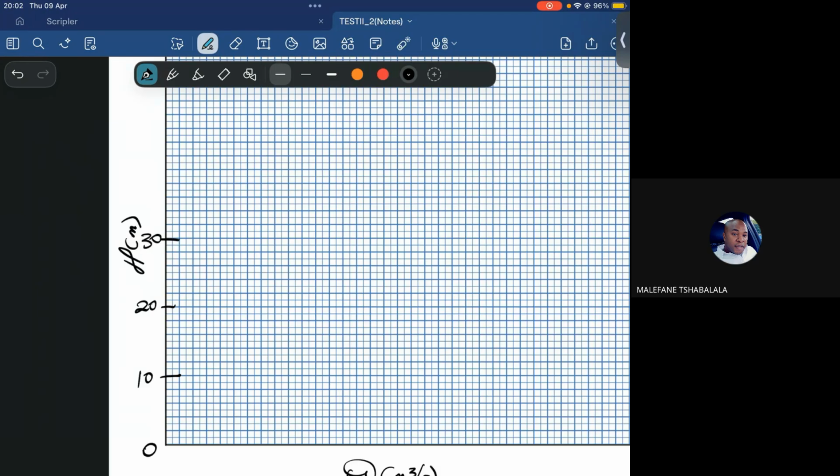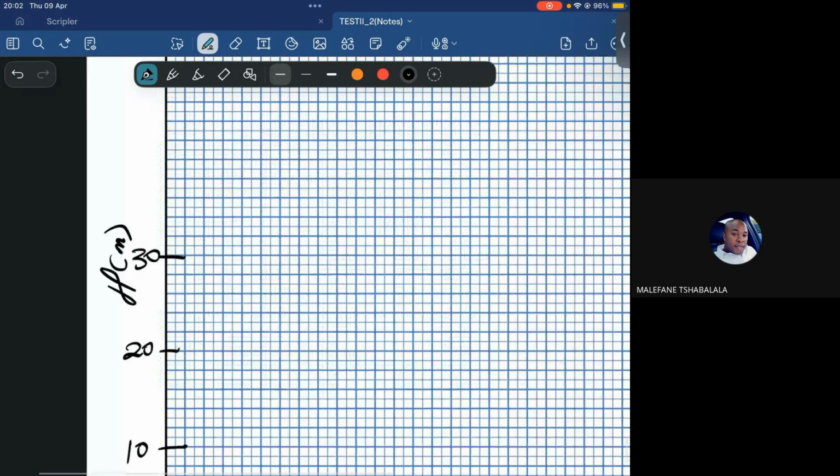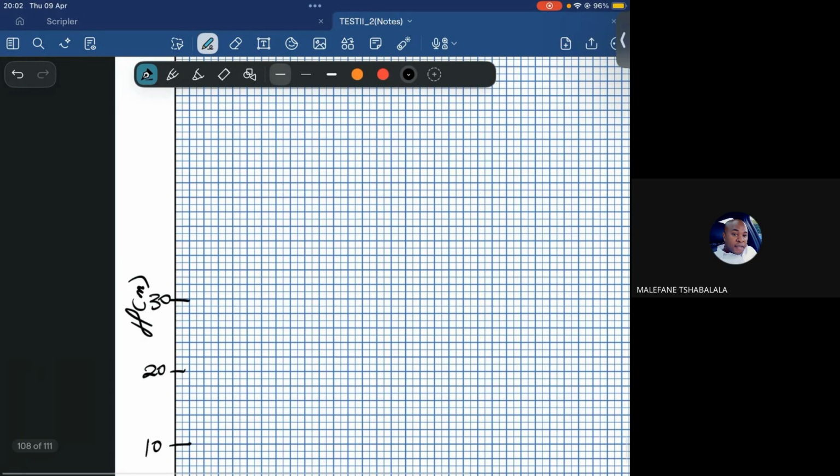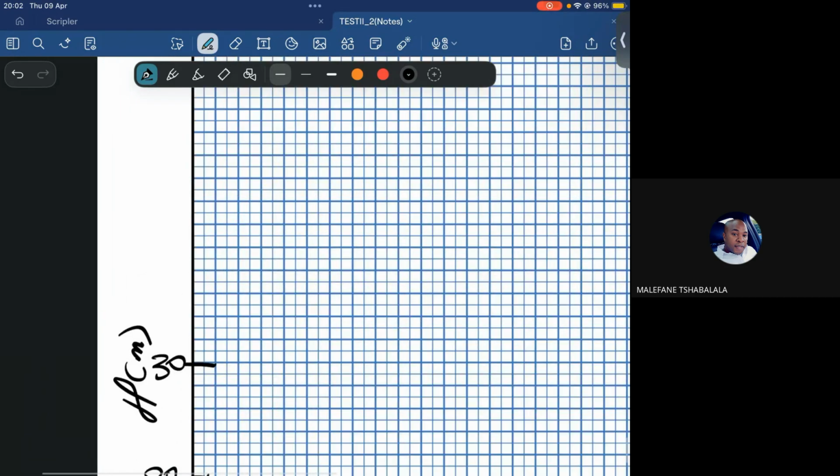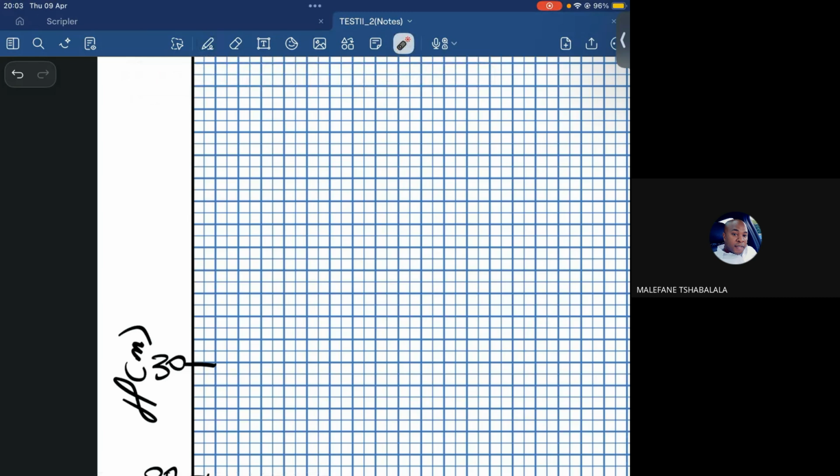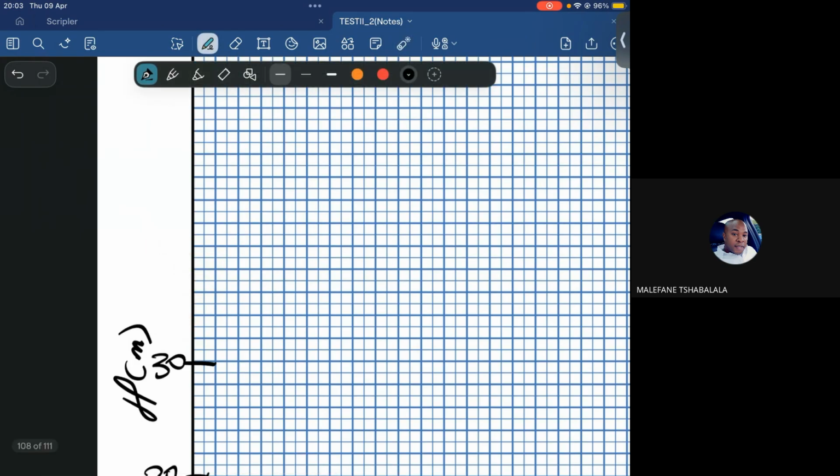Then that will be 30, and after that 40, with 5 minor horizontal grid lines between each.